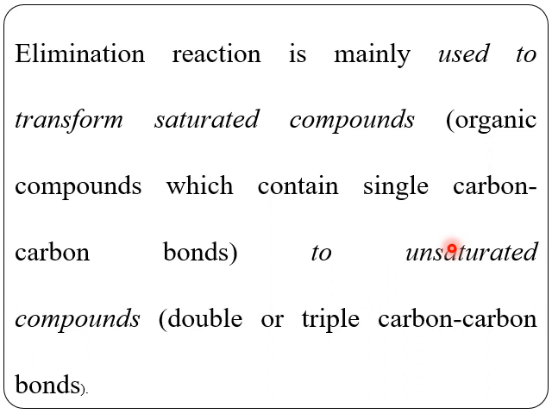Elimination reaction is mainly used to transform saturated compounds. The function of elimination reaction is the creation of unsaturated compounds. The saturated compounds, which have single carbon-carbon bonds, are converted into unsaturated compounds, that is, compounds having double or triple carbon-carbon bonds.